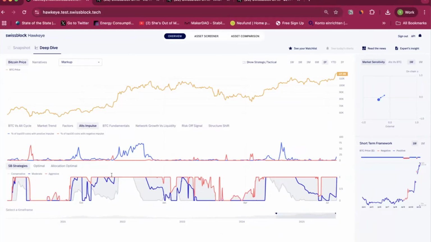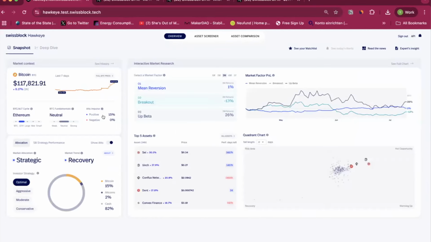And that's exactly what we are setting ourselves up for. If you look at the total number of positive impulses, we're right now at 15%. Historically, the really strong alt seasons were started when you start going above 18 to 20%. Once we overcome that threshold, you're in a very likely, consistently persistent, strong alt season.